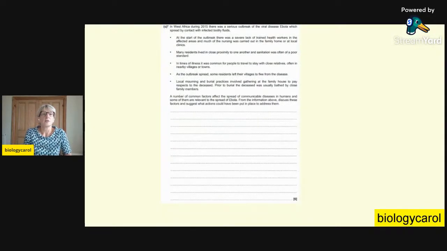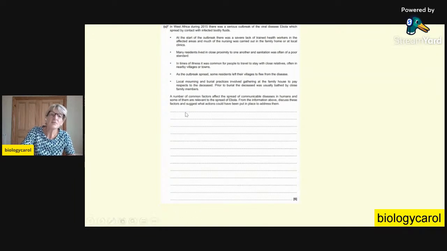In West Africa, during 2015, there was a serious outbreak of the Ebola virus, which spread by contact with infected bodily fluids. And you are then given 5 bullet points of things that were happening at the start of the outbreak and that were happening during the outbreak. And they were all factors that increased the spread of the disease.